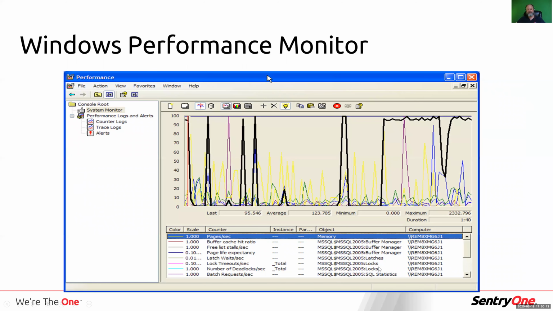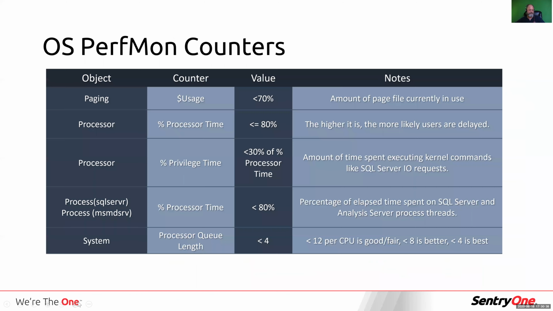And so in this case, I'm looking at latches and locks. I'm looking at some SQL statistics, such as batch requests per second, lock timeouts, page life expectancy, and so forth. If you're doing really intensive rather than casual troubleshooting, you also want to go up to the file menu and save this log as it's producing data.